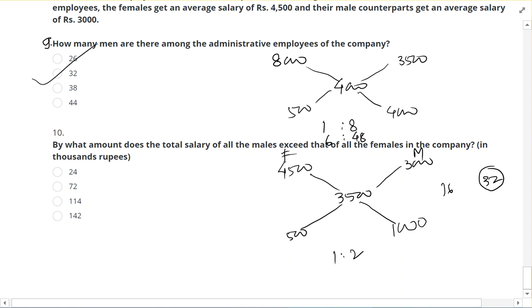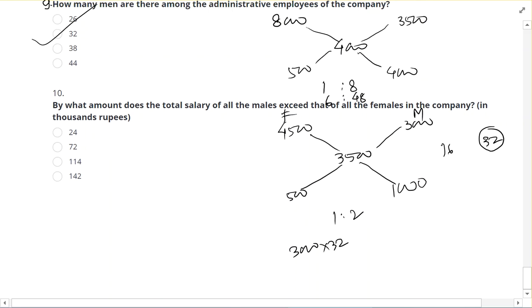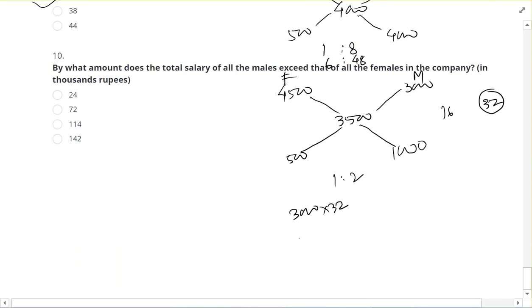By what amount does the total salary of all males exceed that of all females in the company? Okay. All males, that means 3,000 into 32 plus 8,000 into 6. This is the salary of all males. And 16 into 4,500. This is the salary of all females.